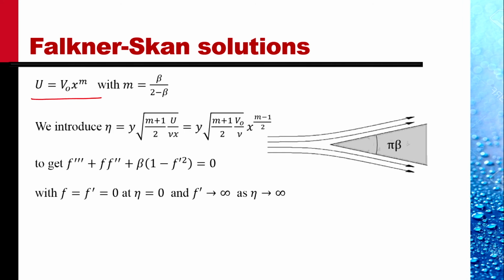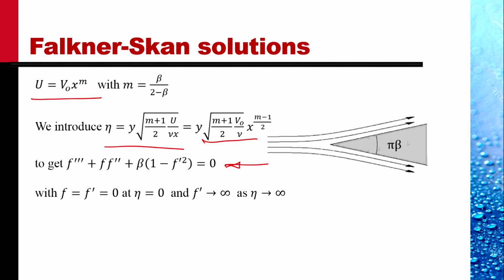We introduce a variable eta equal to y times under root of (m plus 1) divided by 2 times U by nu x, and we get an ordinary differential equation of one dependent variable f and one independent variable eta.